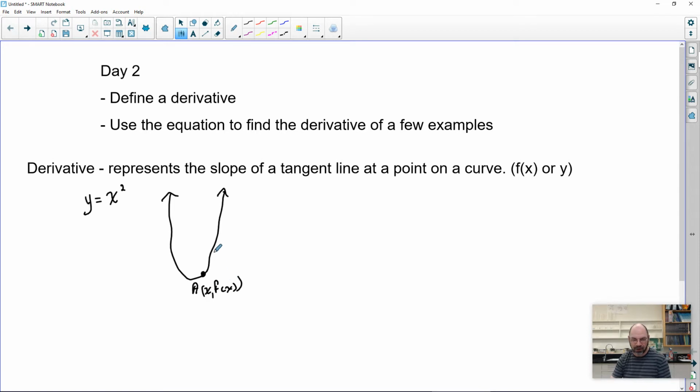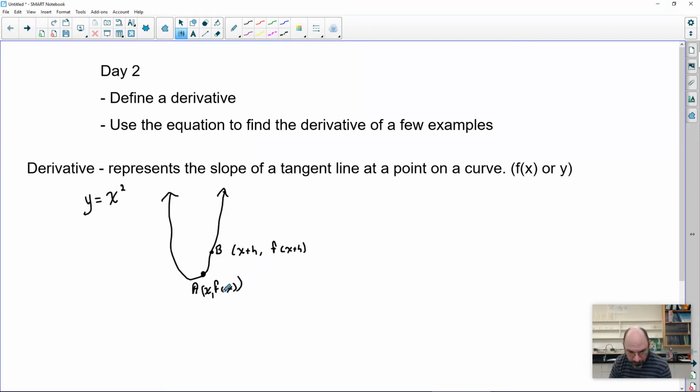Let's say we have a point B very close, some distance h away on the x-axis, so that it would be x plus h, and then f of x plus h.